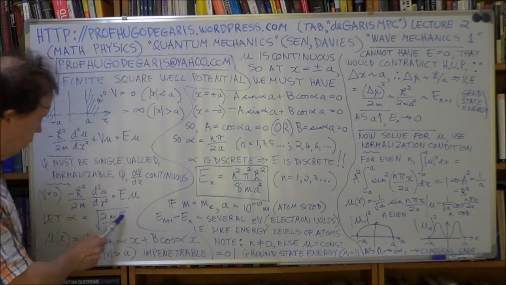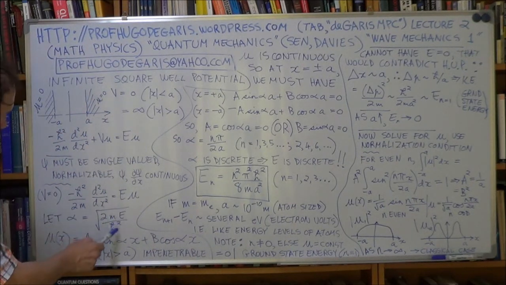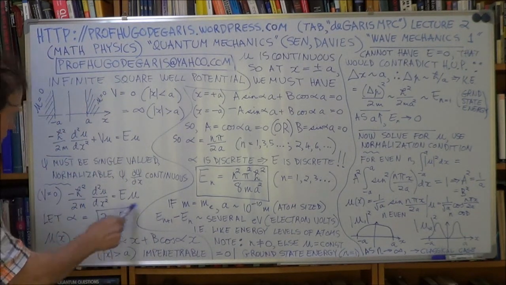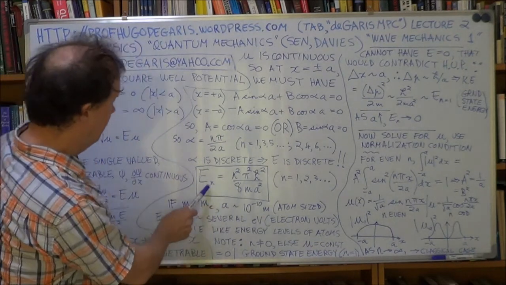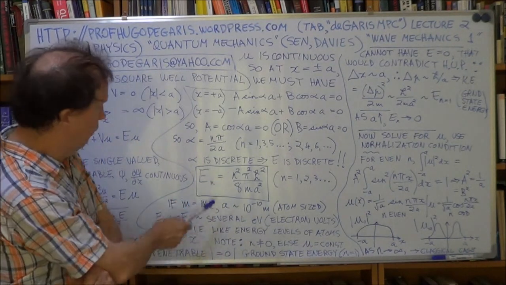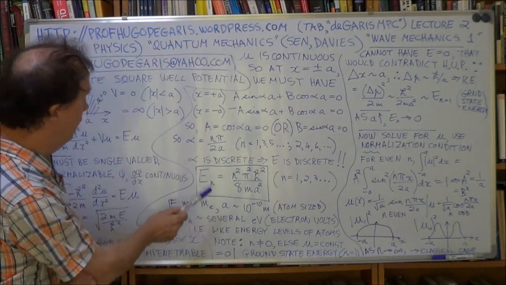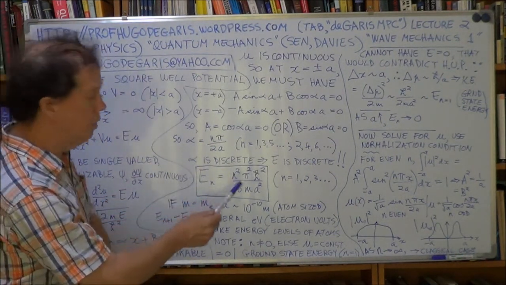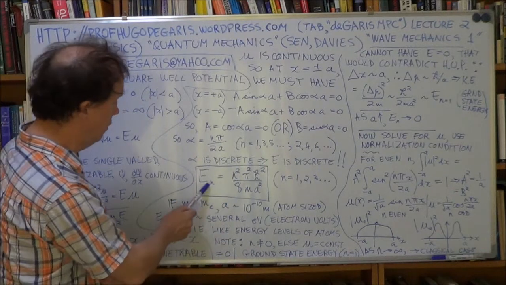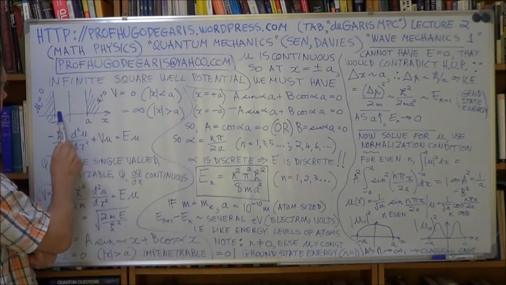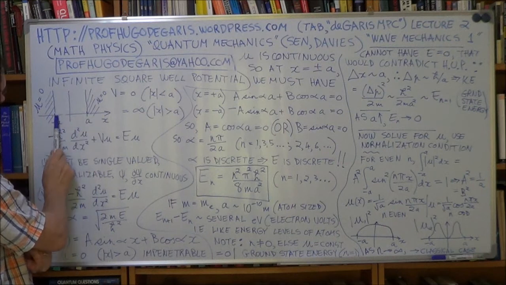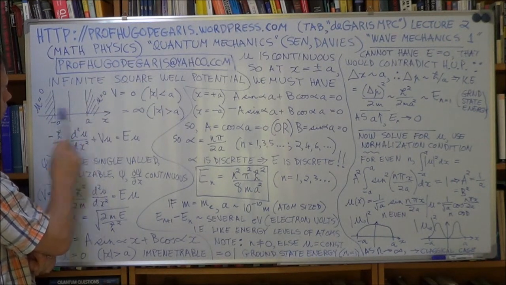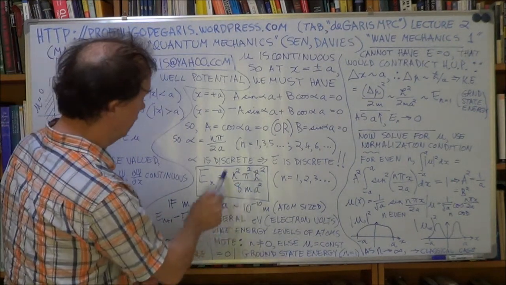Now, if you solve for E, so square both sides, bring h squared over, divide by 2m, blah blah blah, you get a formula now for the actual energy E, discrete or quantized values of the energy of your wavicle in this region, plus or minus a, in this one-dimensional system, right? And there it is.